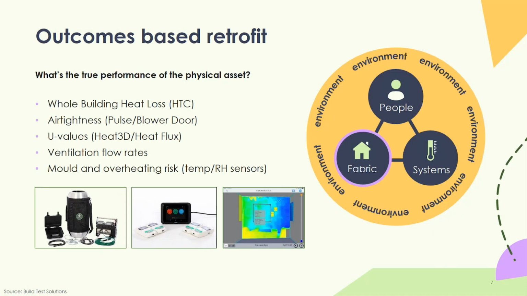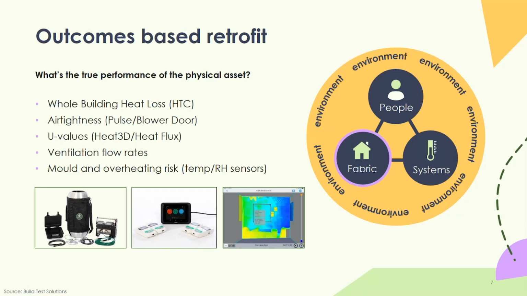But really a lot of that's outside of your control as a housing association. Whereas the building fabric, the physical asset, the walls, the floors, the windows, the roof, that is absolutely in your gift to upgrade and improve. And so when we talk about building performance evaluation, I'm thinking very much in terms of methods of measuring and evaluating the fabric performance as a first port of call.